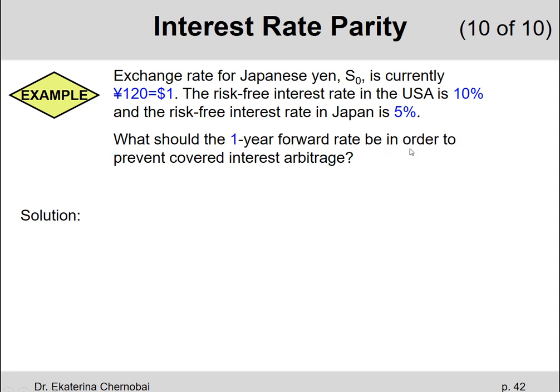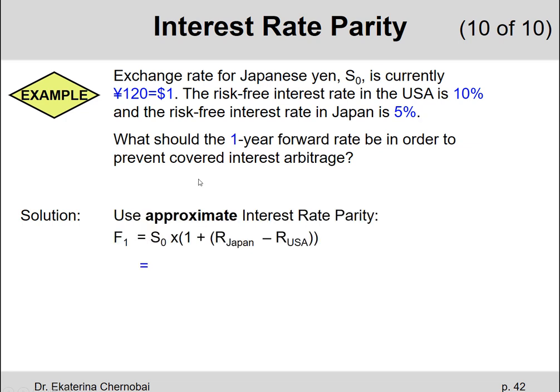So this complicated question is essentially asking you to use the interest rate parity formula. That's the only one you can use that links today's exchange rate and the two risk-free rates in two different countries. We had the approximate version of it, and we are later going to use the exact interest rate parity formula.